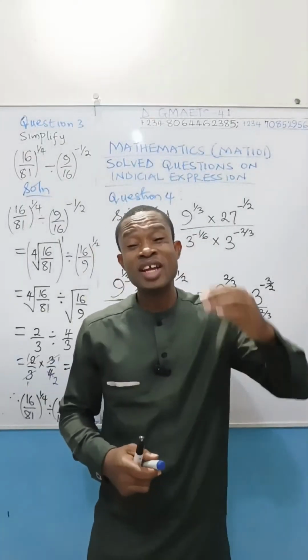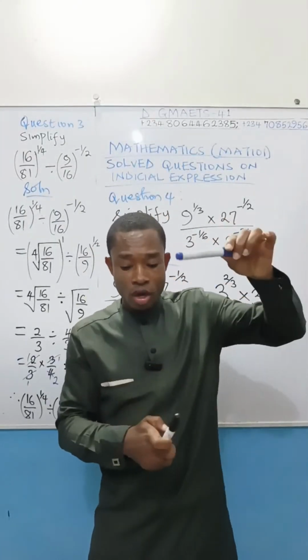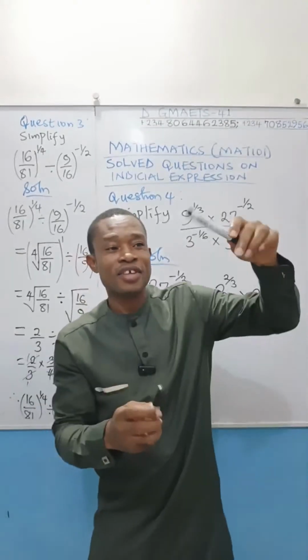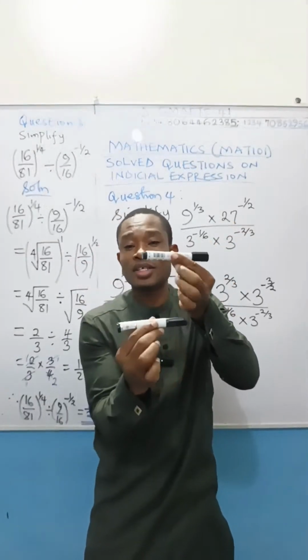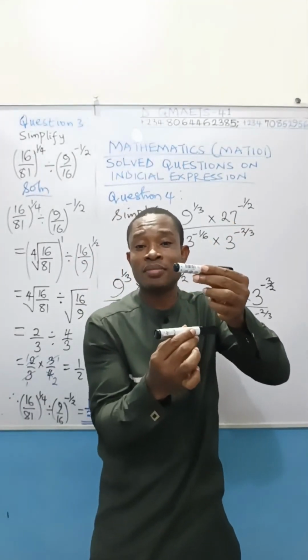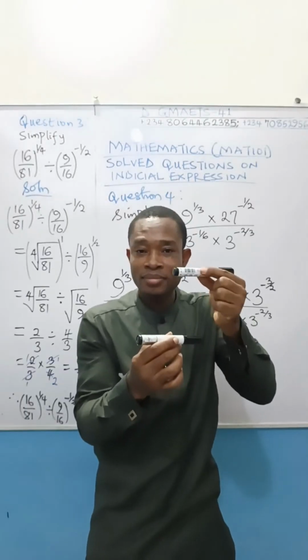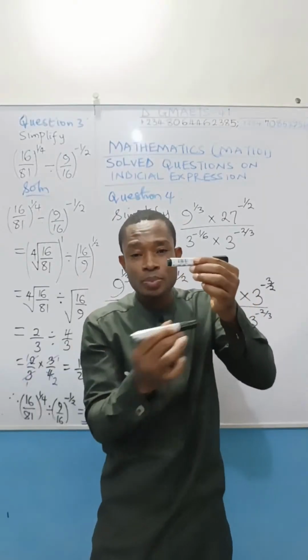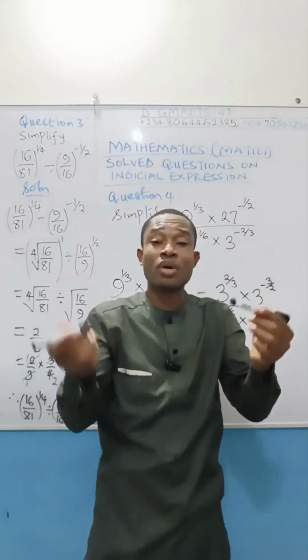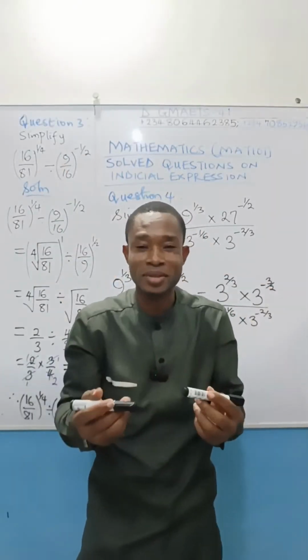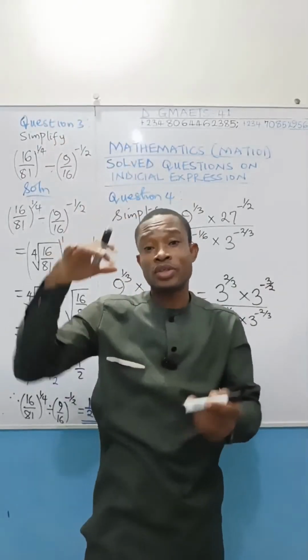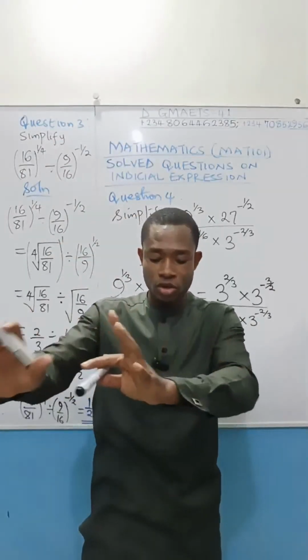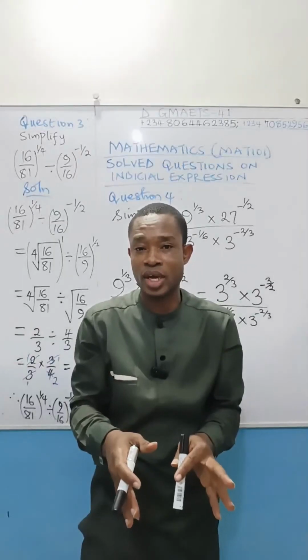It says that if you are dividing and the base on top is the same as the base underneath, you pick one of them and then take one of the powers to meet the other one. Usually we take the power of the denominator to meet the one in the numerator, although it is not by force. You can pull the one from the numerator down as well too. But let's not go into that for this class yet, okay?